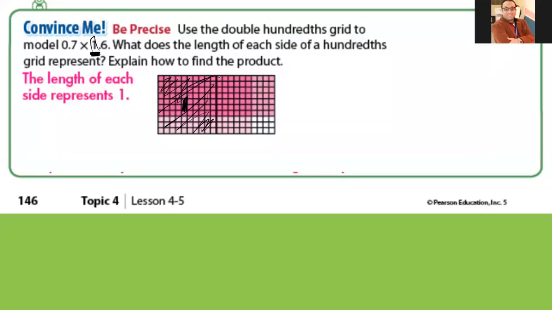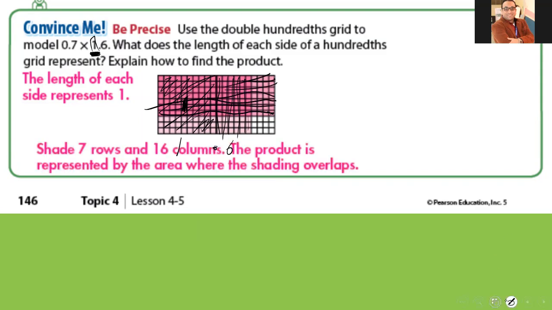After that, I will shade each column like that, 1, 2, 3, 4, 5, 6 vertically to represent 1.6. After that, I will represent 0.7. I will shade 7 rows: 1, 2, 3, 4, 5, 6, 7.